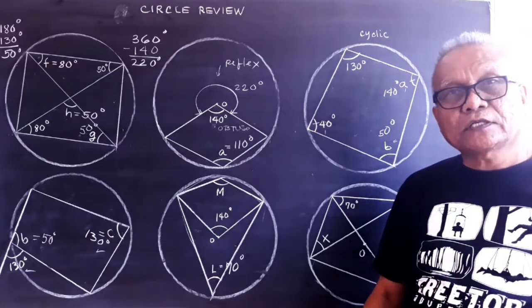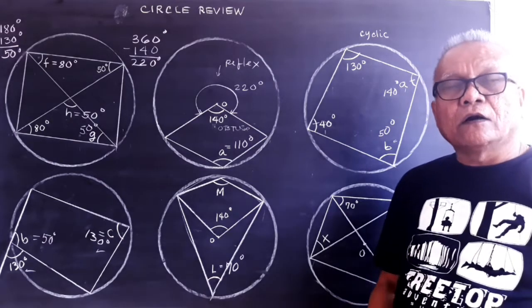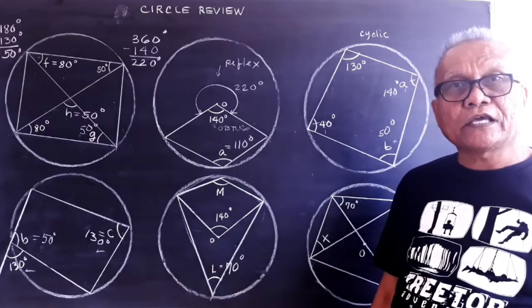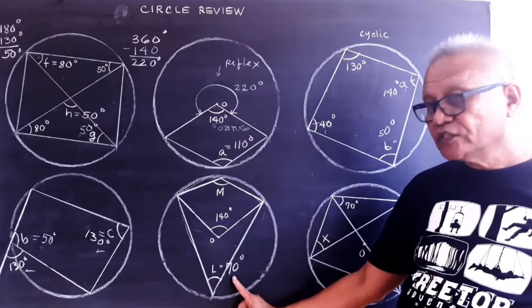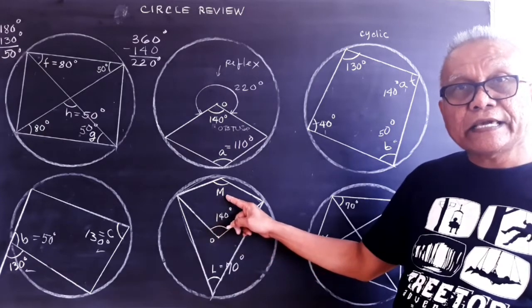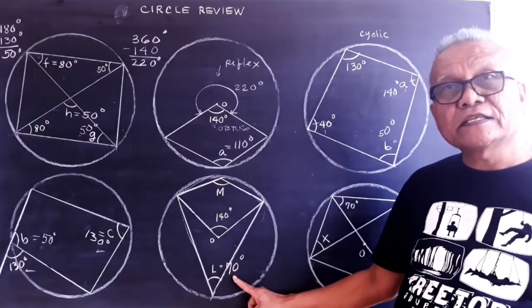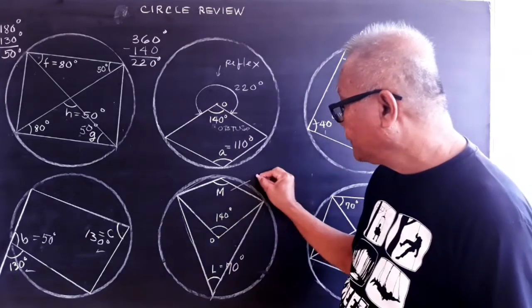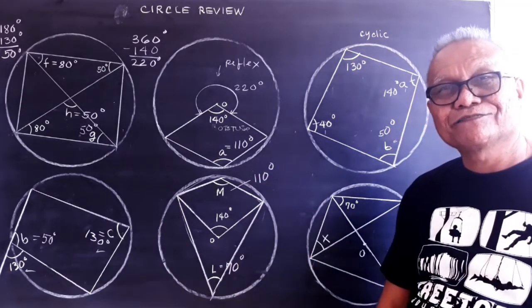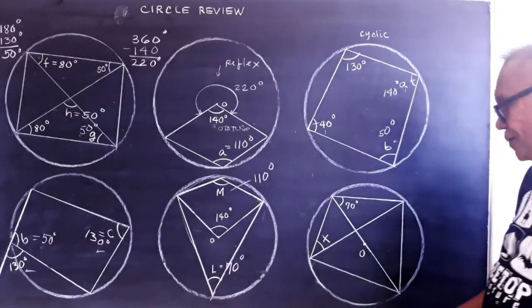What can you say about that? The sum of the angles is equal to 180 degrees. So, if you have 70 here, what is the measure of angle M? That is 180 degrees minus 70, which gives you 110 degrees.